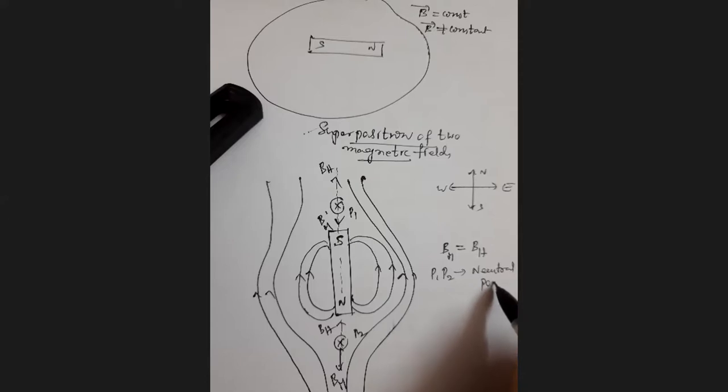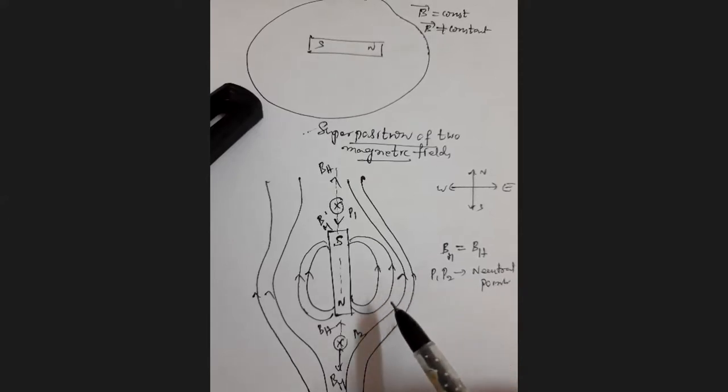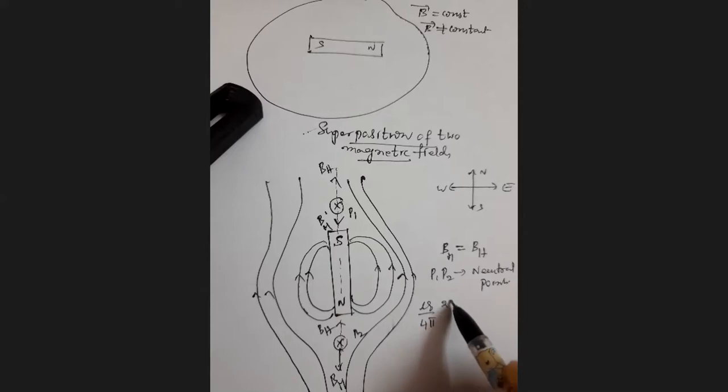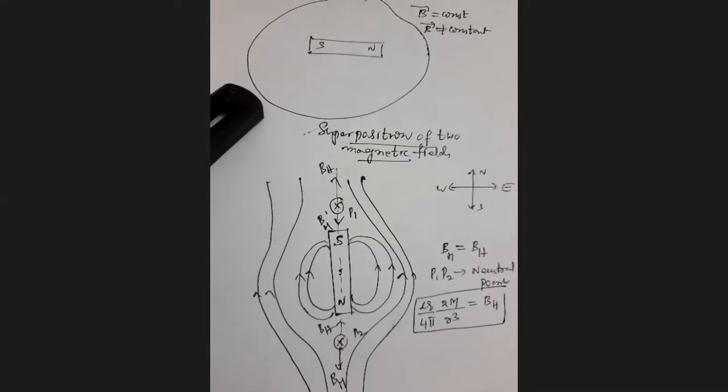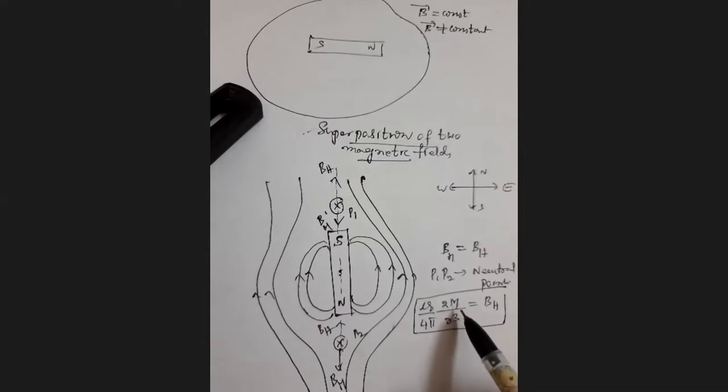Neutral points. Okay. The magnetic induction field strength on the axial line formula is mu naught by 4 pi 2m by r cube, that equals BH, where r is the distance of this neutral point from the center of the bar magnet, m is the magnetic moment, right? Here we consider a short bar magnet, right?